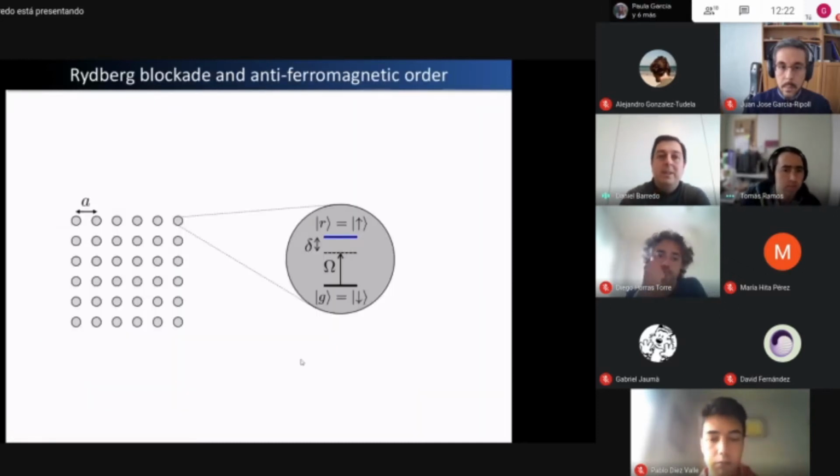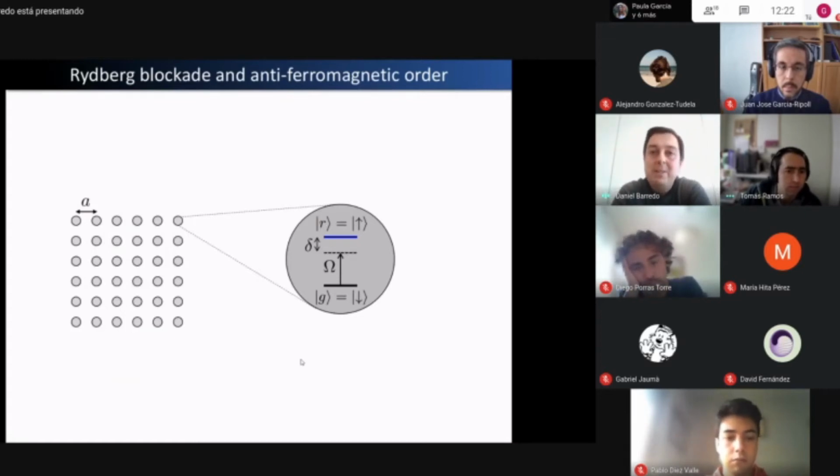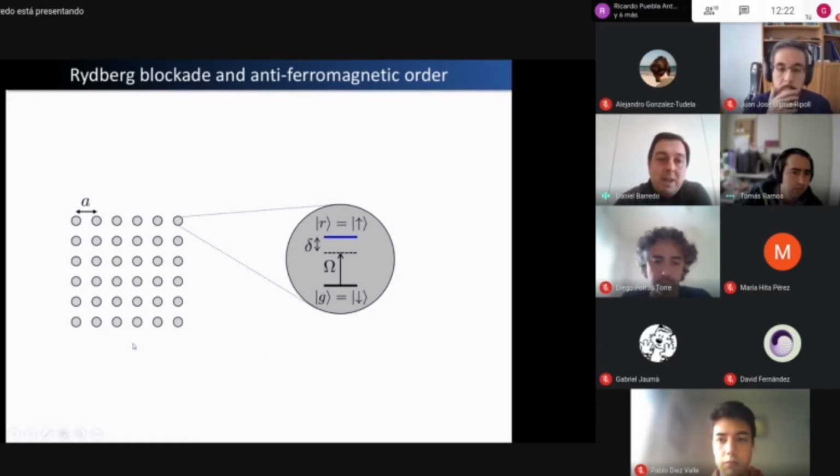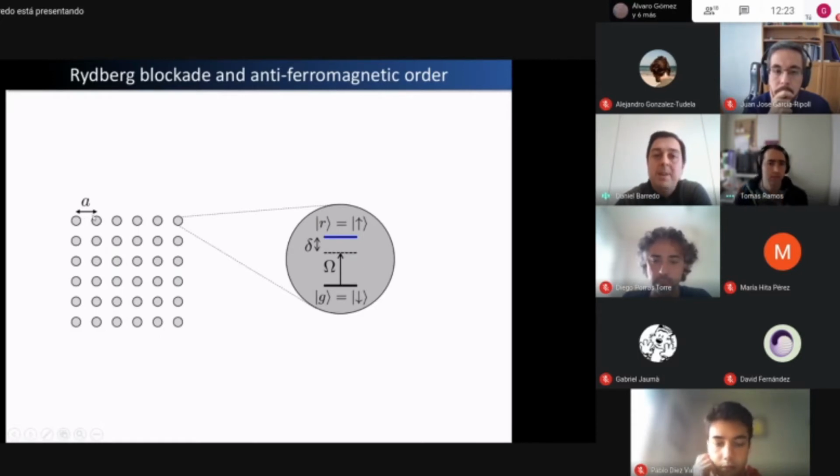Now just to illustrate how you go from this Rydberg blockade to simulate antiferromagnetic order, you can imagine that you have a square array where you can put the atoms. This is tunable in our experiments at a separation a, and each of the atoms has two levels, the ground state and the Rydberg state, down and up, if you wish.